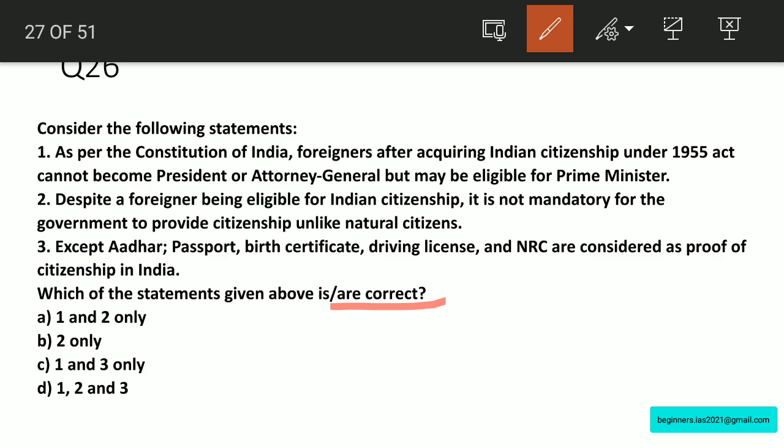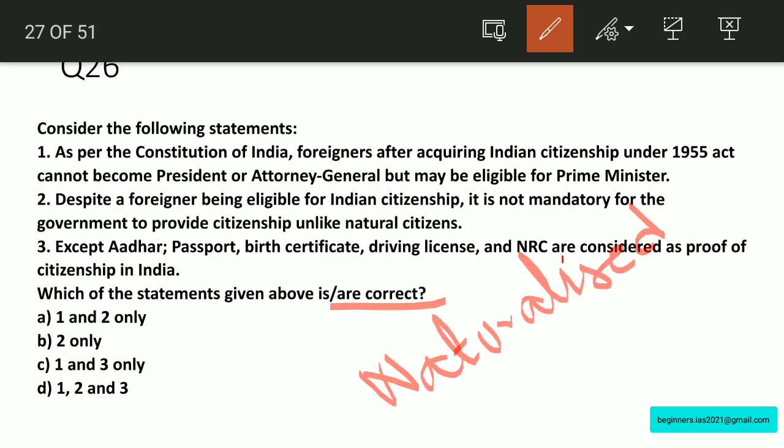See, the naturalized citizens are eligible. Kindly note the word naturalized citizen. The naturalized citizen is eligible for certain offices, that is President, Vice President, Judges of the Supreme Court, Judges of the High Court, Attorney General, Advocate General, Governor of State.